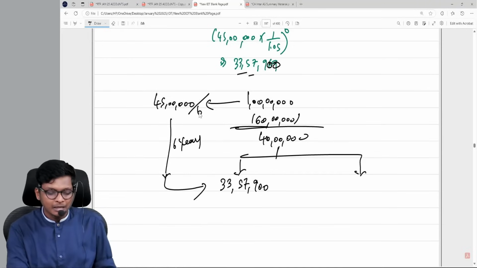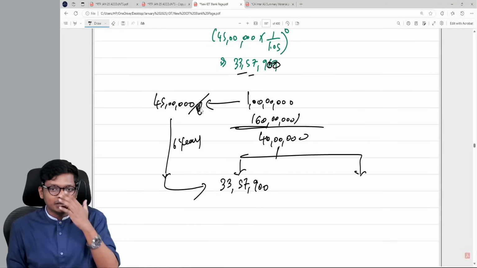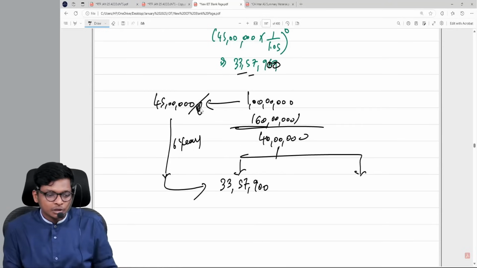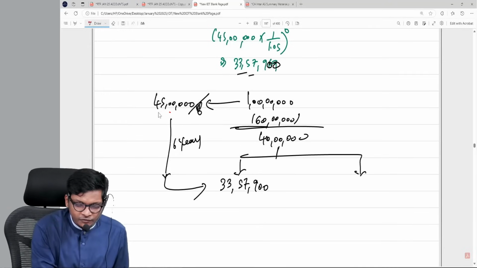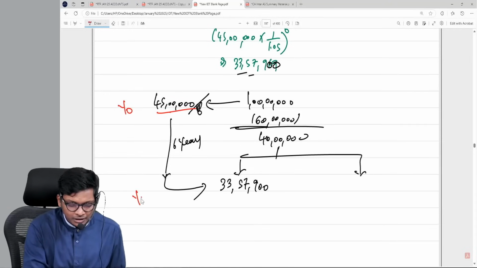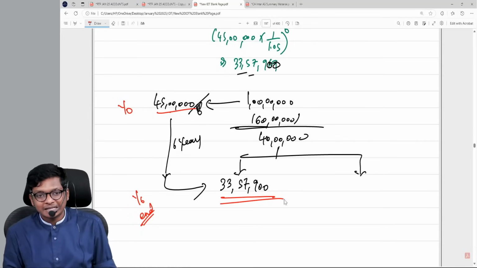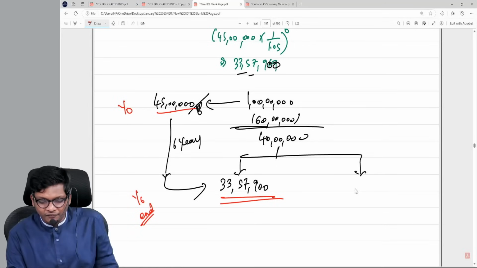No, sir. I can do that if no other information is available. But here they have clearly given the discounting rate for 6 years. So what I would have purchased for 45 lakhs in year 0, in year 6 end, it will be 33,57,900.